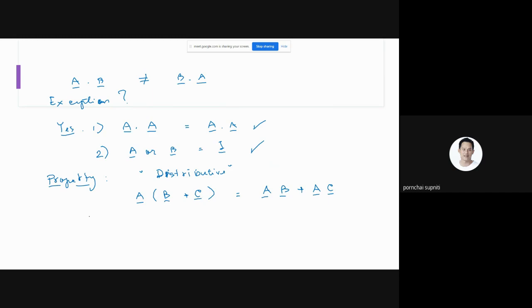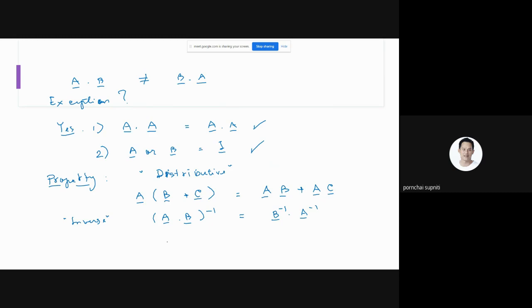Okay. The next one is called inverse, or inversion. If I have A multiplied with B and I want to find the inverse, what do I get? If you remember, we get B inverse multiplied with A inverse.